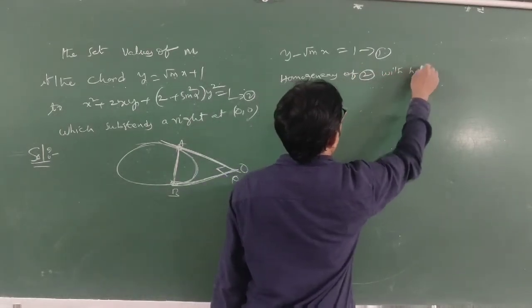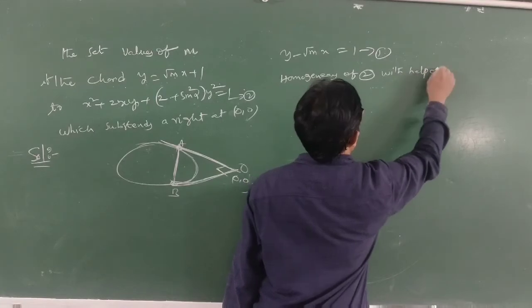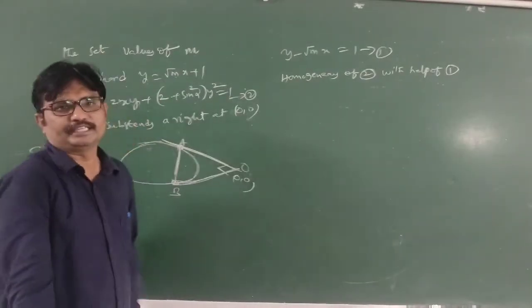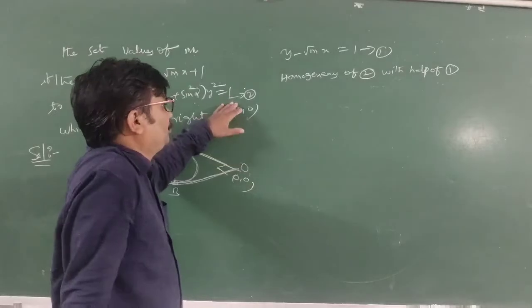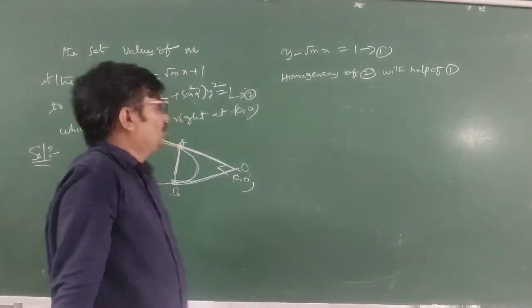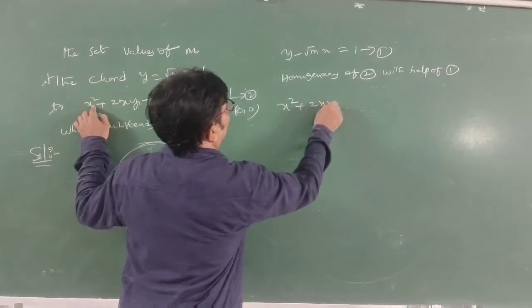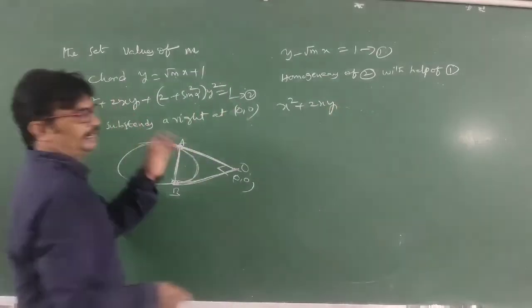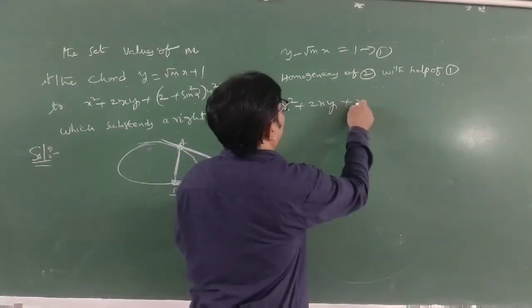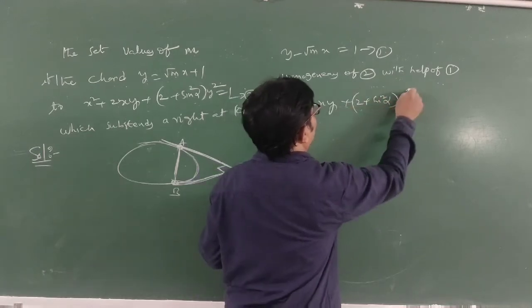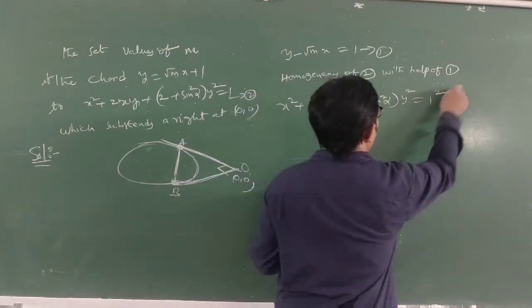Homogenizing equation 2 with the help of equation 1. The x square is a second degree term, 2xy is also a second degree term, and 2 plus sine square alpha into y square is also a second degree term.